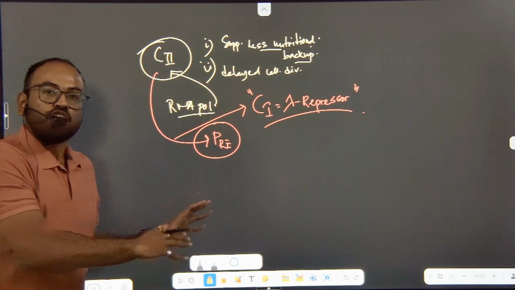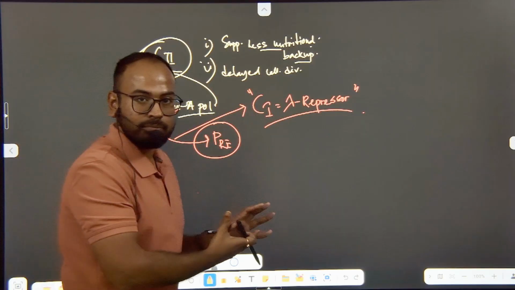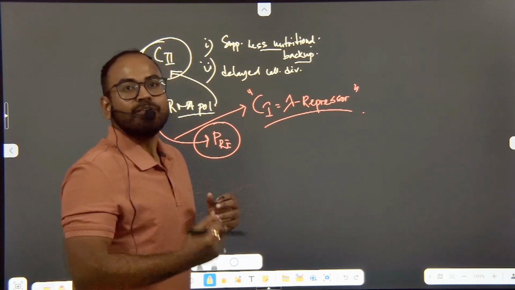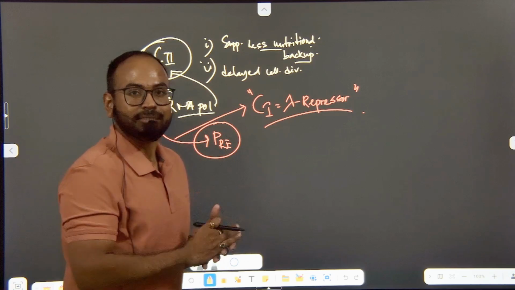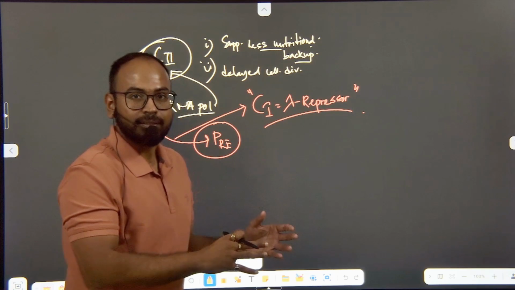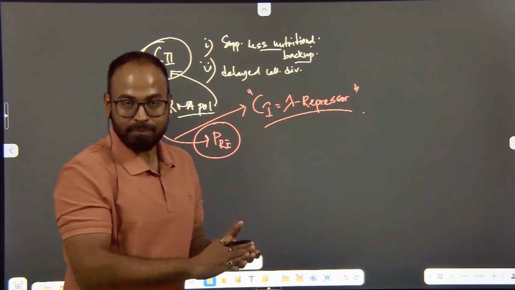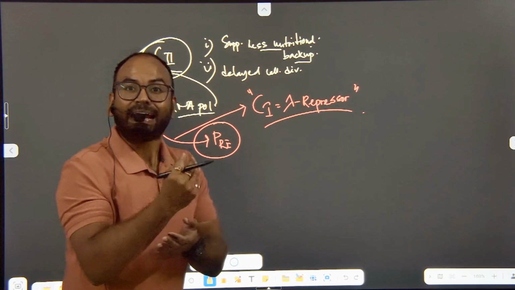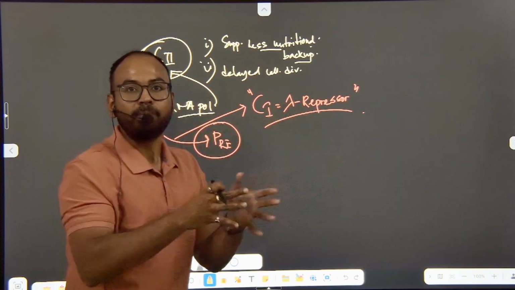So this is the overall story of C1 getting synthesized. Now C1, after synthesis, has to bind with a specific operator and hinder the process of the lytic cycle. That is the overall purpose.